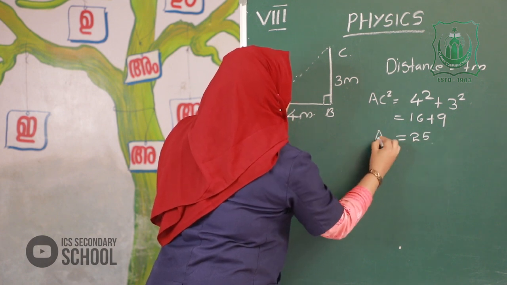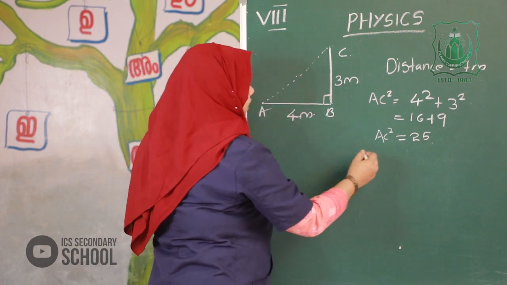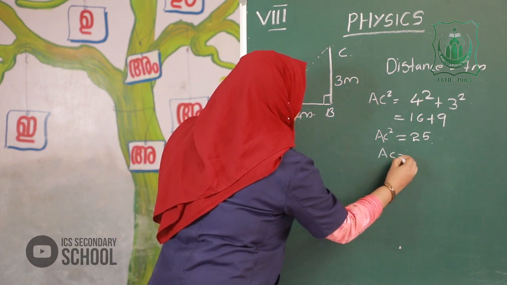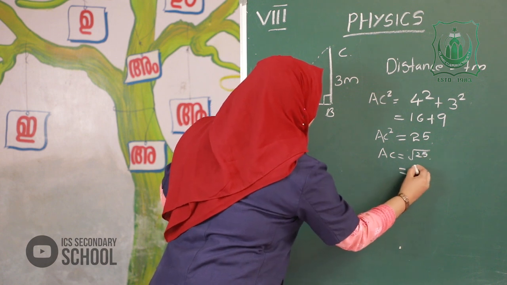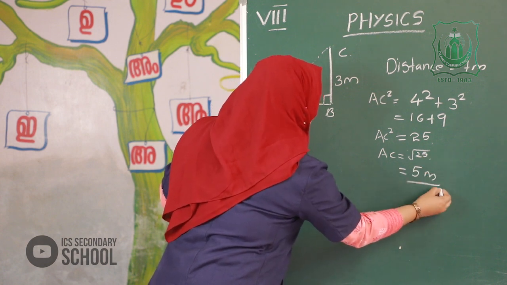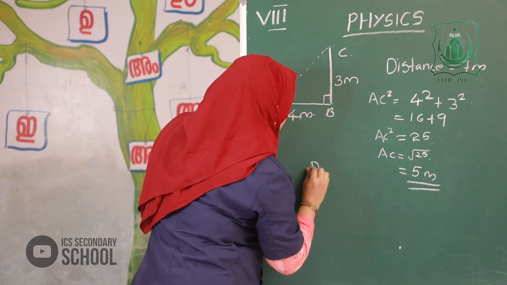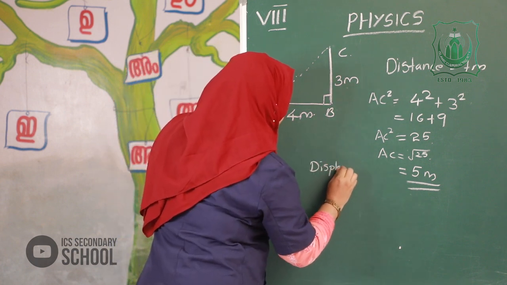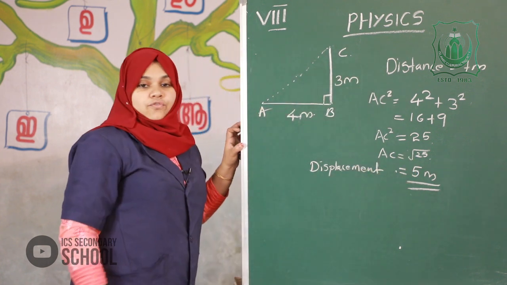That is AC square, or hypotenuse square. Then AC is equal to the square root of 25. What is the square root of 25? That is 5 meter. So we get this side, the displacement. Displacement is equal to 5 meter.